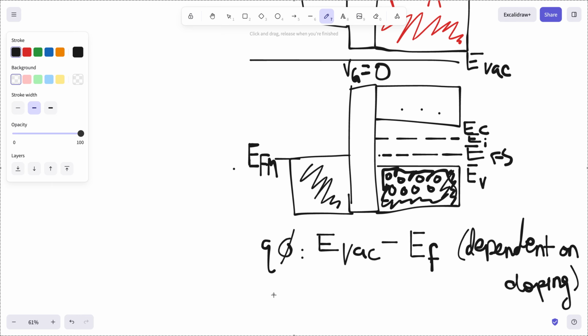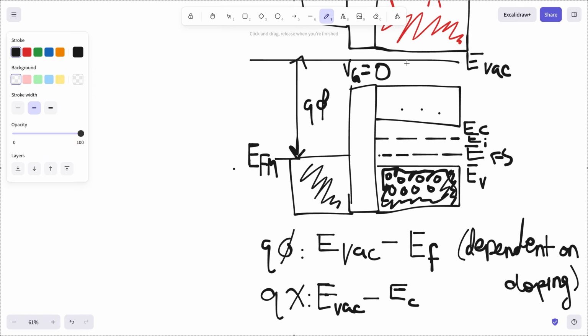Then our electron affinity, which is labeled with this symbol, is described as E vacuum minus E conduction band. This is called the electron affinity, and it is not dependent on doping. It's intrinsic to the material. So we can now label the work functions and the electron affinities.